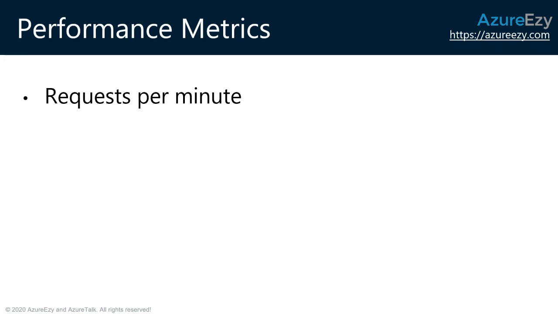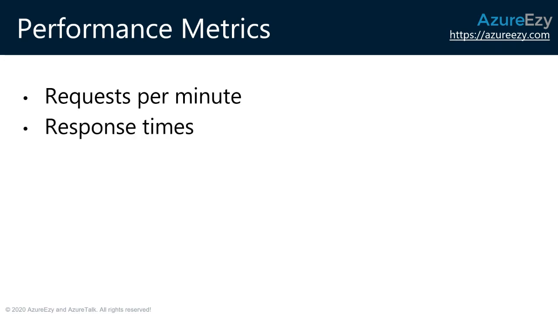Whenever you have an application, you must have a number where you can tell that these many maximum requests I will be getting. If I'm getting more than that, that means my application might not work as expected, either on the application level or on the server level. So when you deploy an application, you have to have performance metrics like the requests per minute.